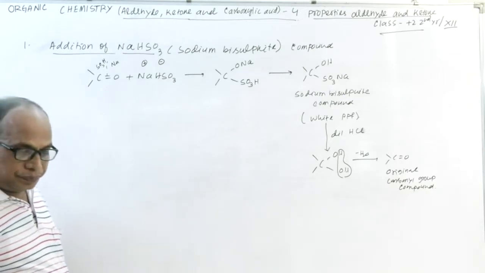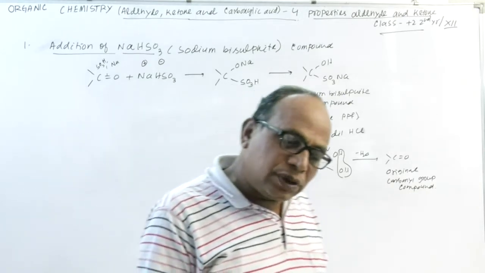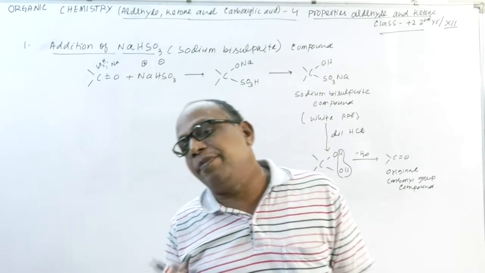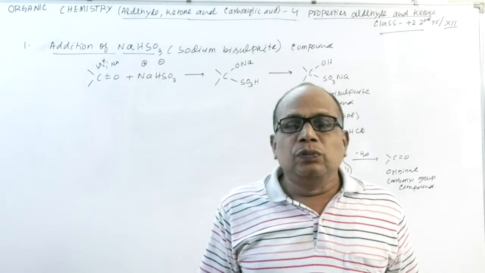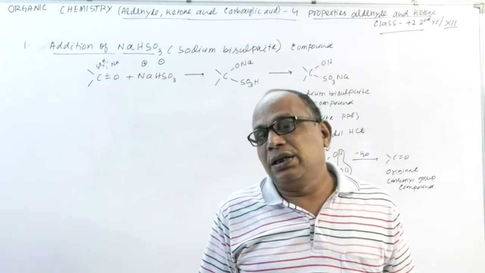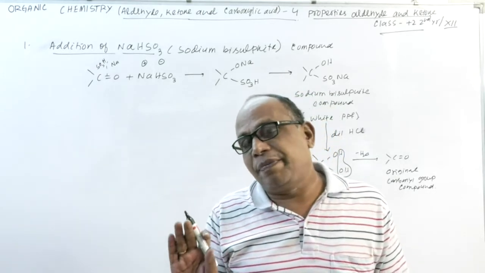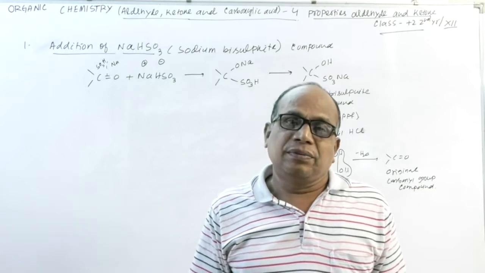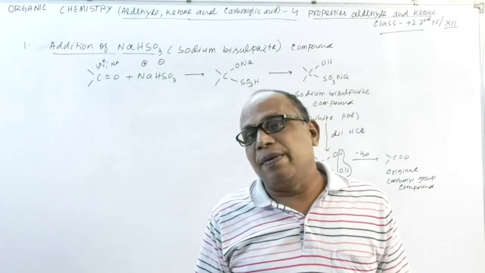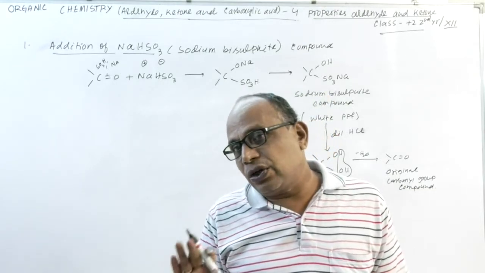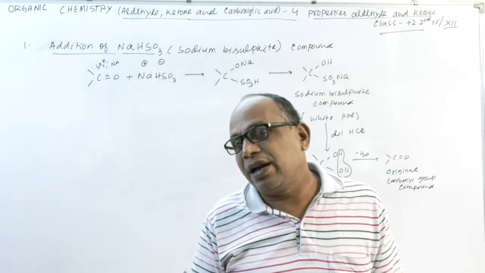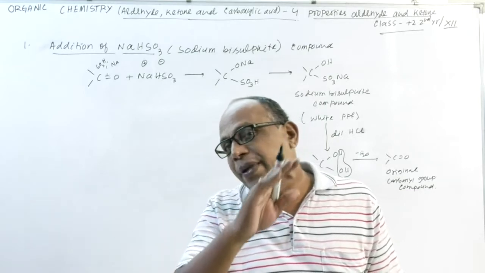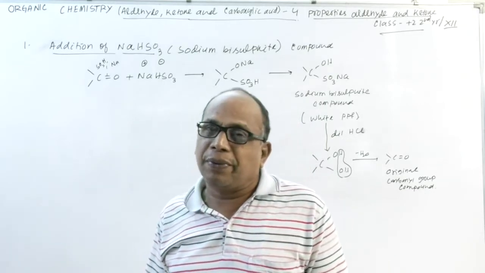So any aldehyde or ketone, when treated with a saturated solution of sodium bisulfite, gives a white precipitate of the corresponding sodium bisulfite compound. And this white precipitate, when treated with HCl, gives back the original carbonyl group compound.